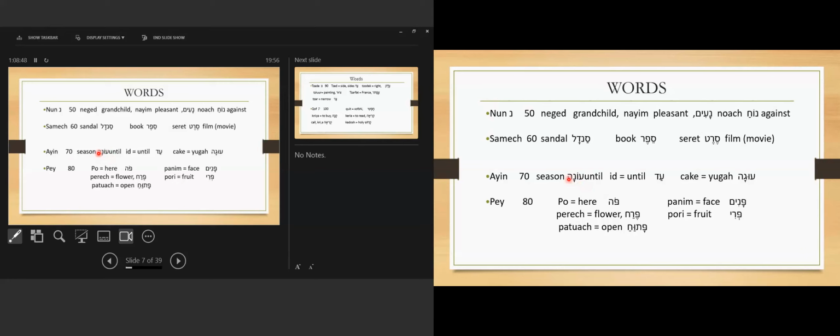Okay, let's go to kaf. We've done our first 10 letters. Now we're going on to the next 12. Kaf is 20. Its value is 20. And kad, and it is the k. Kad is thus.